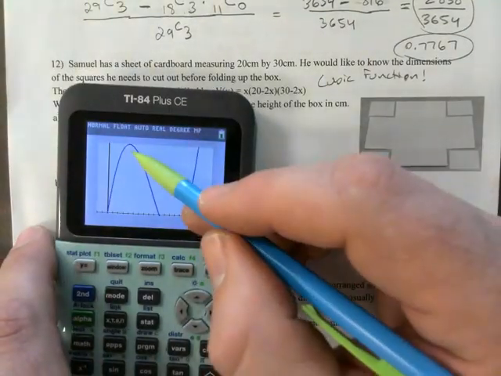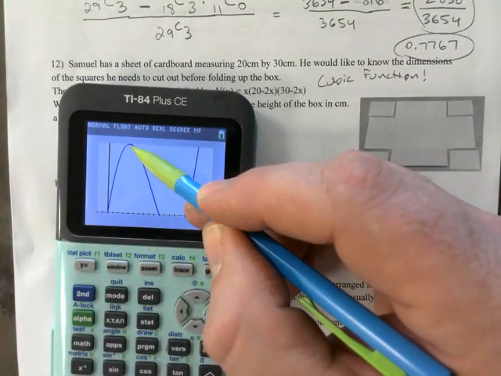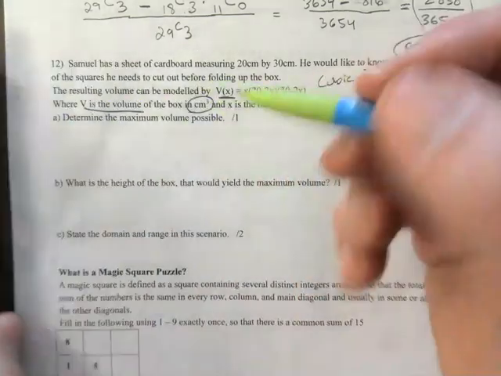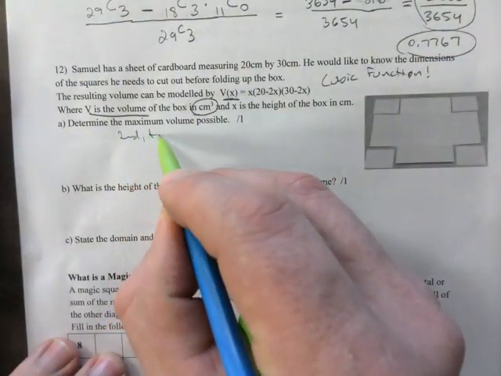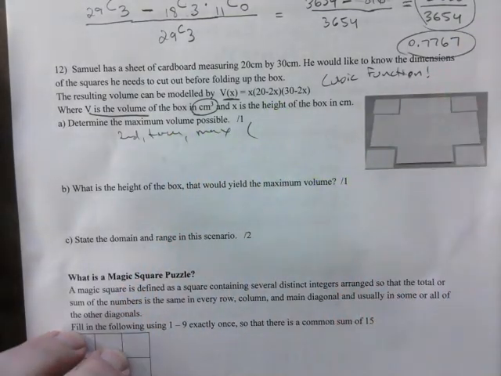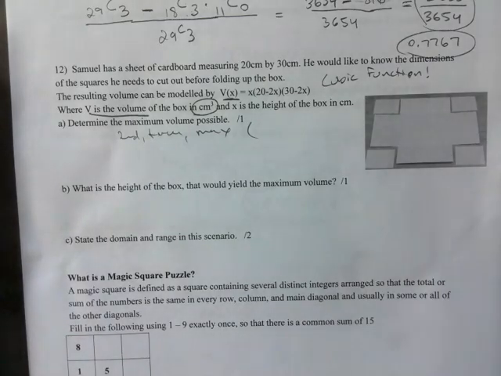So, determine the maximum volume. You find the quote-unquote maximum there, not vertex. Vertex is very specific to a parabola, okay? This is the max. So we just go second, trace, max. I know I have the key here somewhere because I added this after the fact. This wasn't part of the original test. Anybody do this?